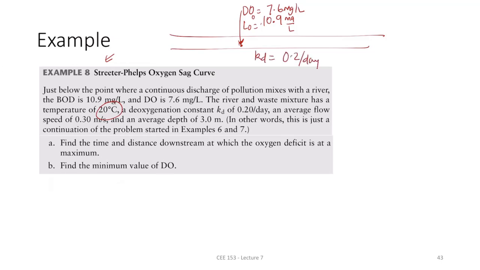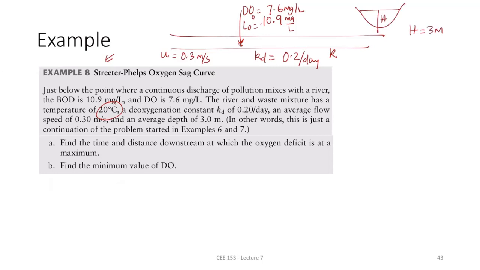And the aeration rate is not given. That's fine. It's given that the average speed, the velocity here, is 0.3 meter per second, and the average depth, the height over here, is 3 meters.